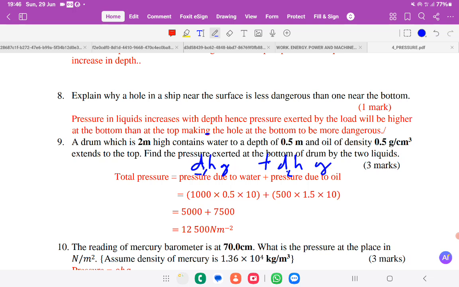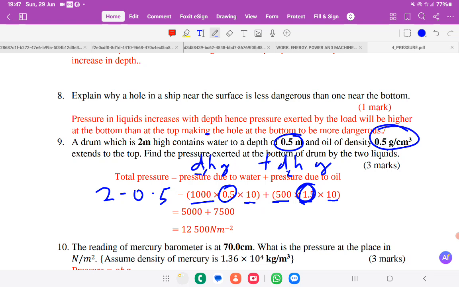Notice that g is the same, 10 newtons per kg, but the height will be different. We are told that the depth of the water is 0.5, and the height of the oil is going to be the difference. You take 2 minus 0.5. Then you have the density of water, which is 1000, and the density of the oil is 500 kilograms per cubic meter.